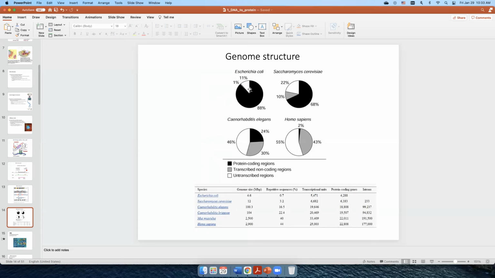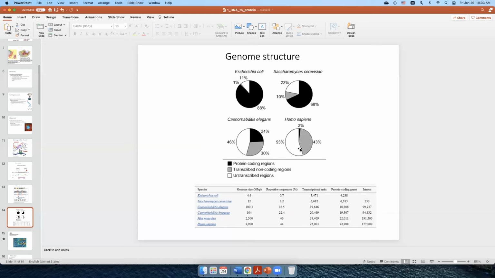And if you compare it with a higher level species, for example, Homo sapiens, which means human, you will see only 2% of our DNA information seems useful, which is protein coding regions.